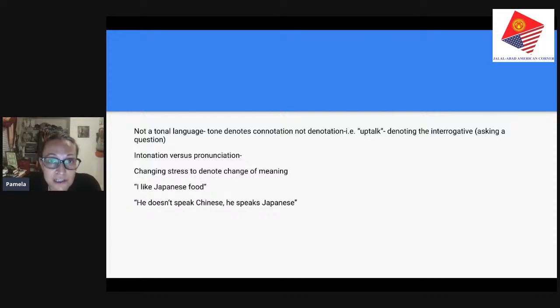So the stress changes because you are emphasizing something. You want to put extra attention onto Japanese because you are comparing it to Chinese. So that's also a different example of a difference in meaning with tone. These are all aspects of natural speech that you will want to practice with your students.